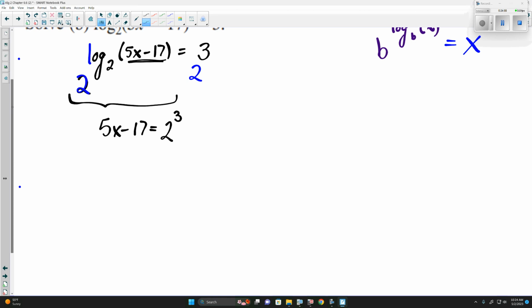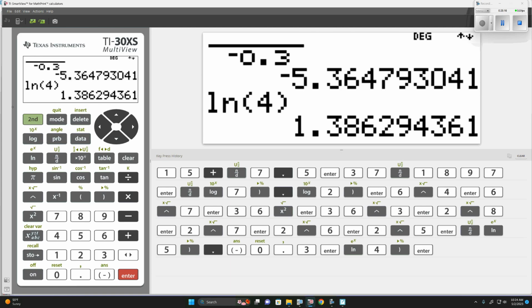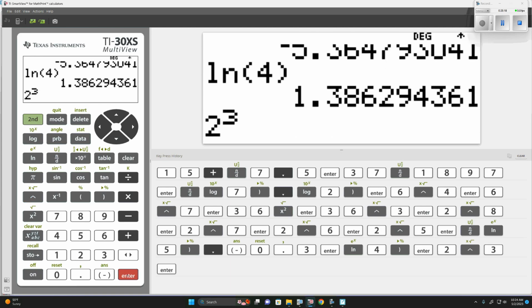Questions on this so far? Now up to this point, whenever we applied the logarithm to both sides, we didn't get a nice number, because log base 2 of 7 was not nice. All of these logarithms were not nice. Is 2 to the third a nice number? 2 to the third is 8.